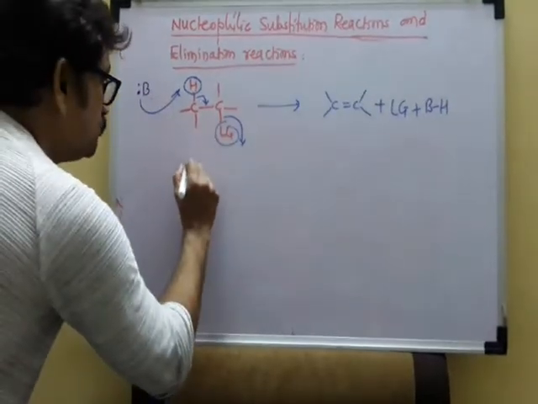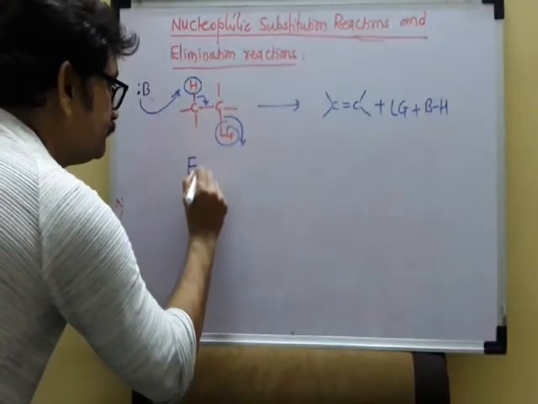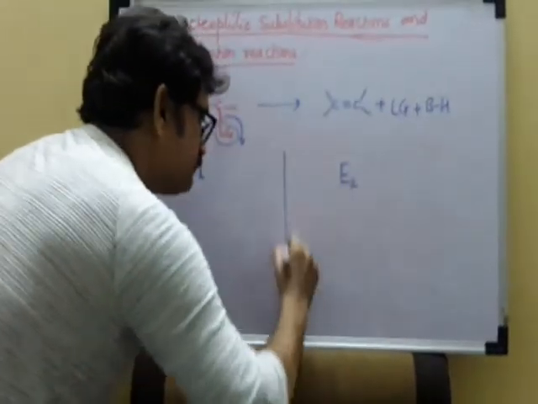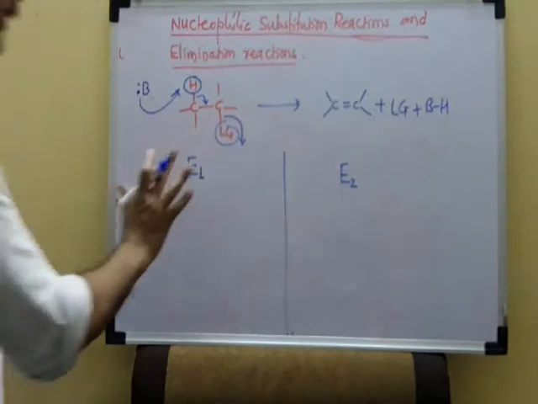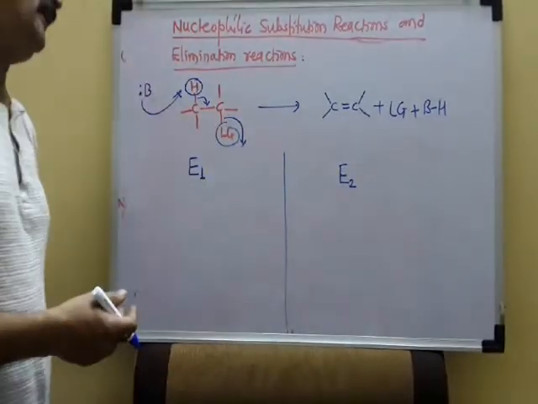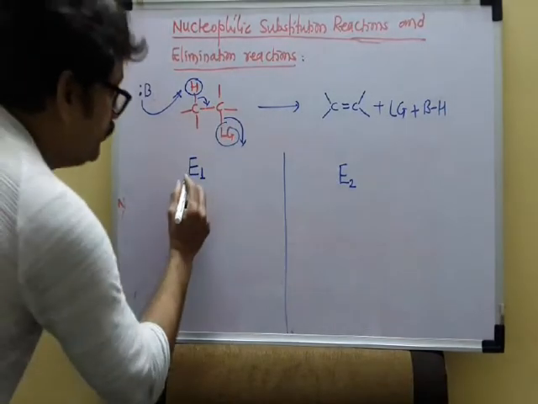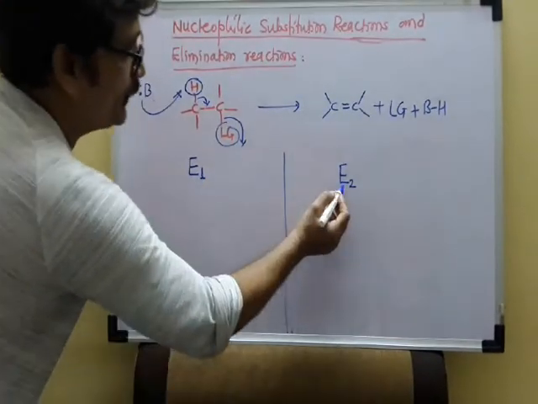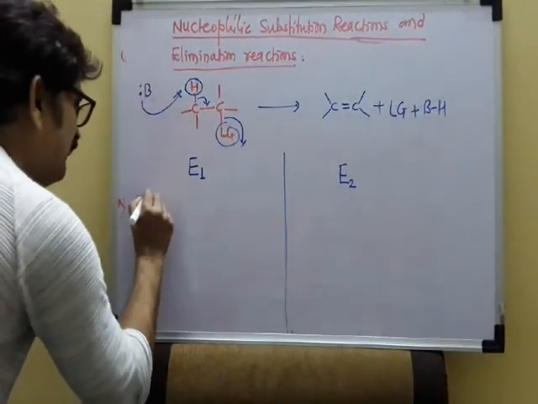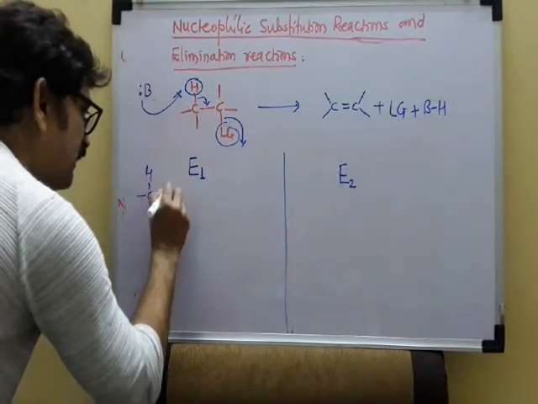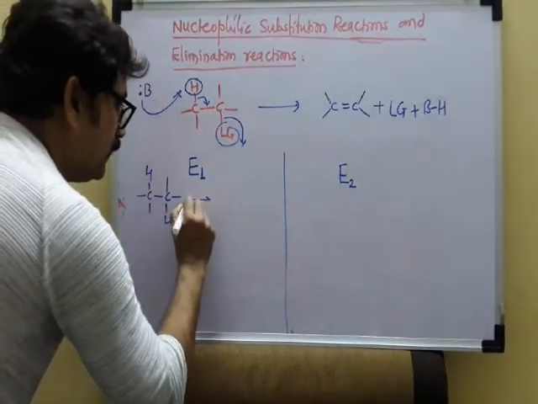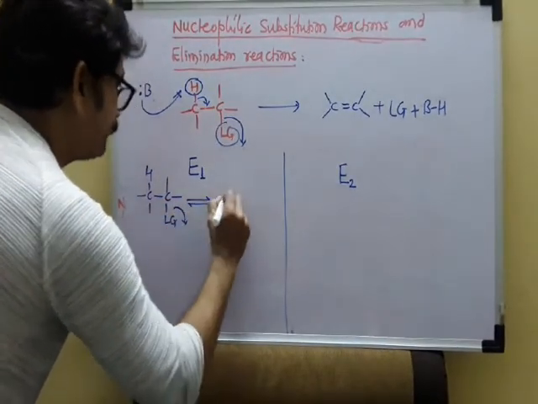It can also follow two paths, either the E1 mechanism or the E2 mechanism. One more mechanism exists, but we only have to learn E1 and E2 because we compare them with SN1 and SN2. E1 means elimination unimolecular, and E2 means elimination bimolecular. Just like SN1, the substrate first undergoes ionization, losing the leaving group.